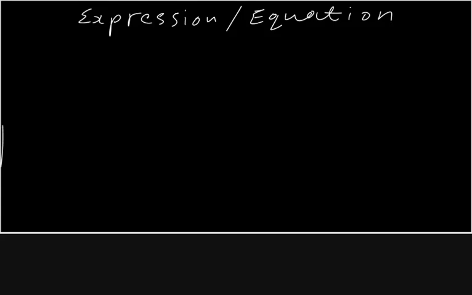In an algebraic expression, we don't have any equal to sign. They give you something that asks you to simplify. Nobody is going to ask you to find x in an algebraic expression, because you can only simplify an algebraic expression.